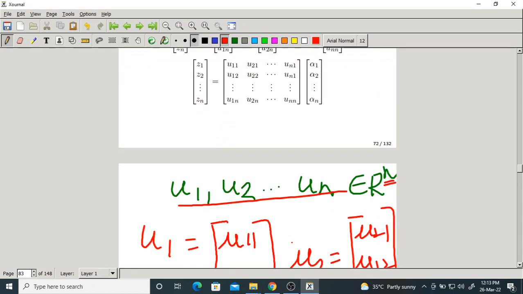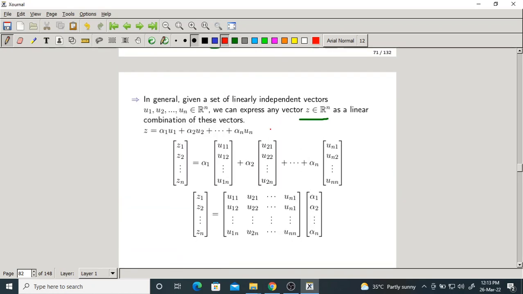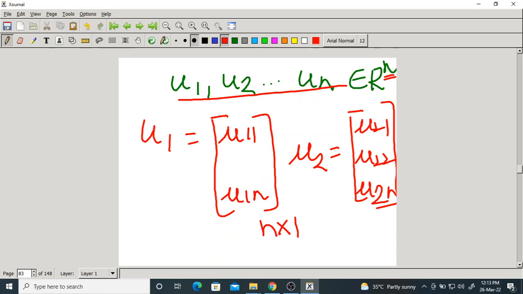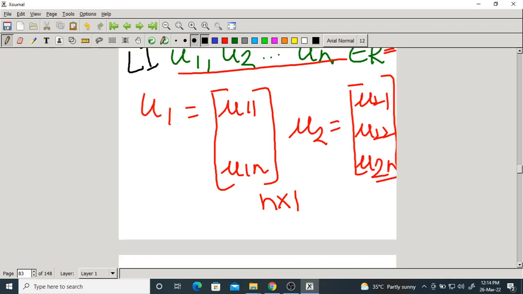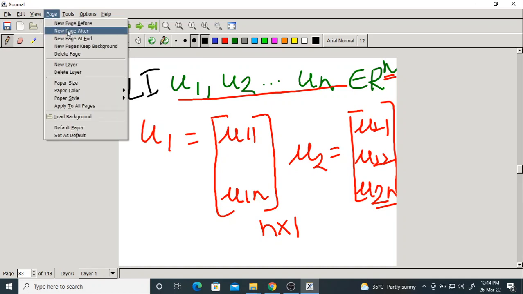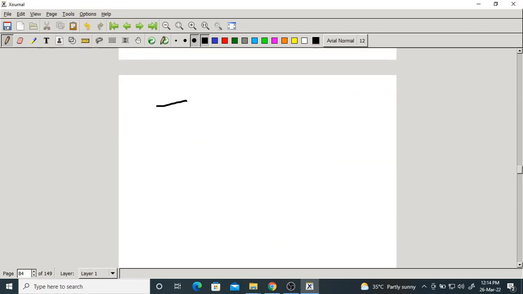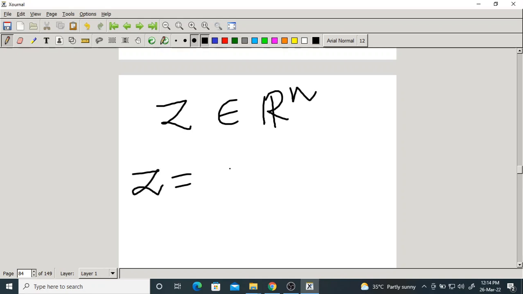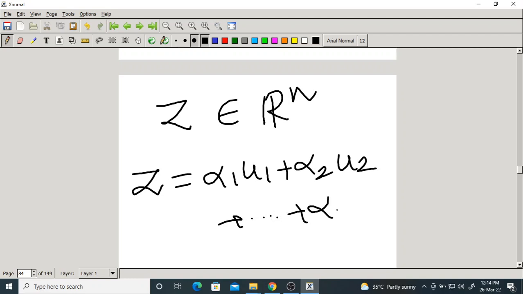All these u vectors are linearly independent. They have to be, because if they are basis vectors, they have to be linearly independent. Now we have a vector z which belongs to Rn. This z can be represented as a linear combination: alpha 1 u1 plus alpha 2 u2 plus so on plus alpha n un.